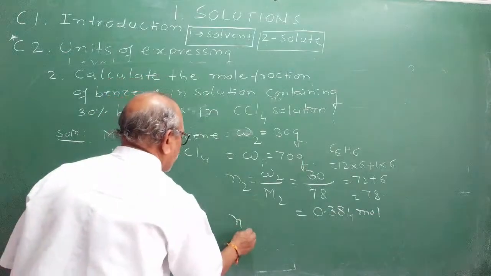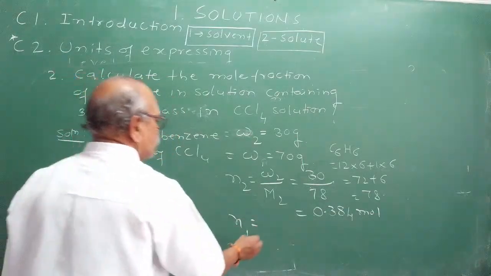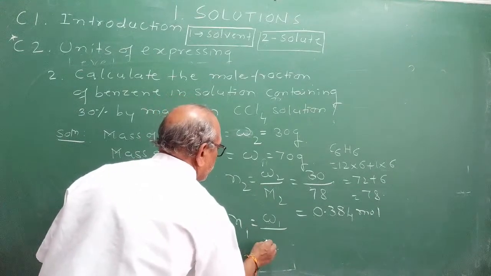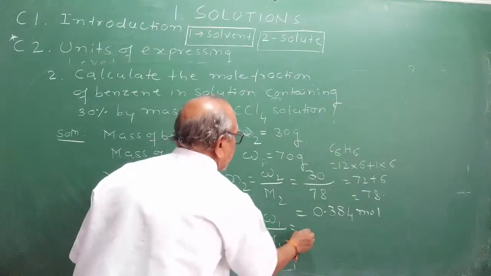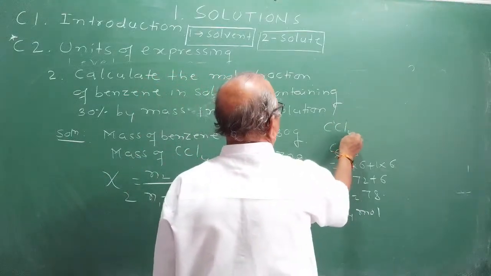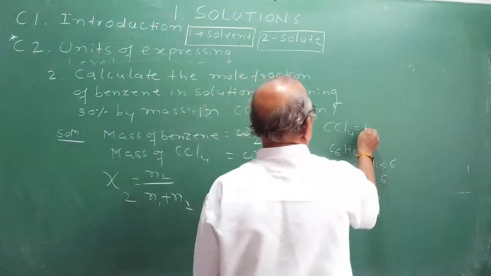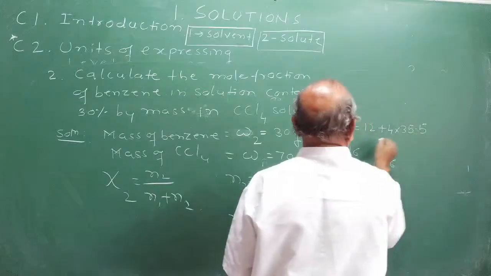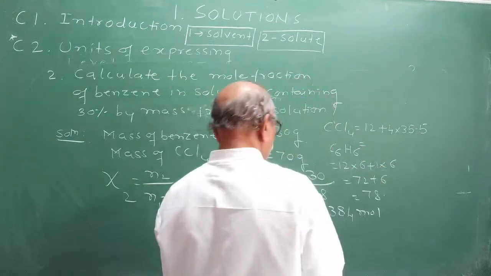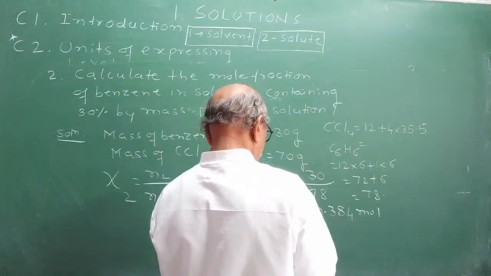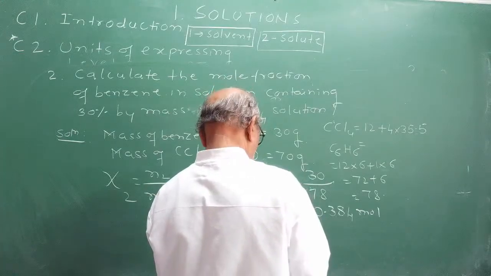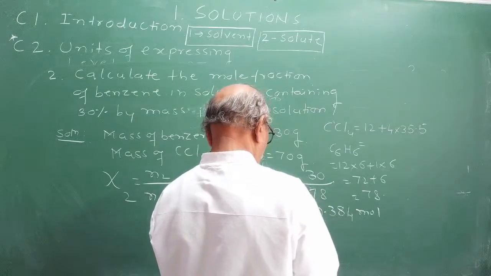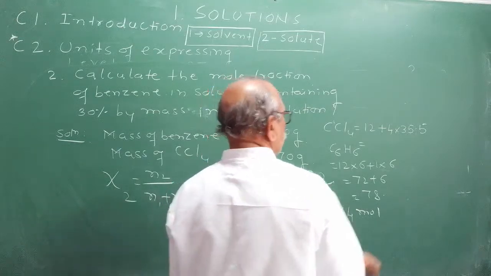Similarly, N1, the number of moles of solvent, is W1 upon M1. Calculate the molecular weight of carbon tetrachloride, which is carbon 12 plus 4 into 35.5, giving you 154.